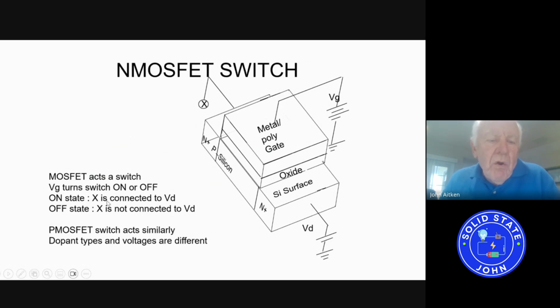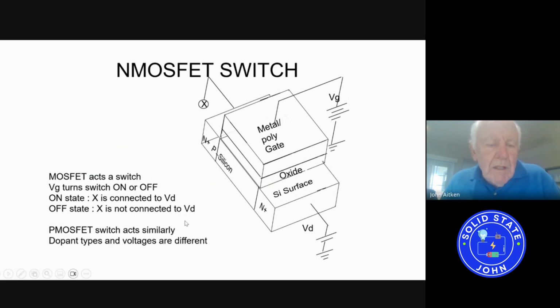So the metal contact here is connected to something called the gate voltage, which turns the switch off or on. And in the on state, the point X in the circuit is connected to some power supply in the circuit. Here I've denoted it as VD, standing for drain voltage.